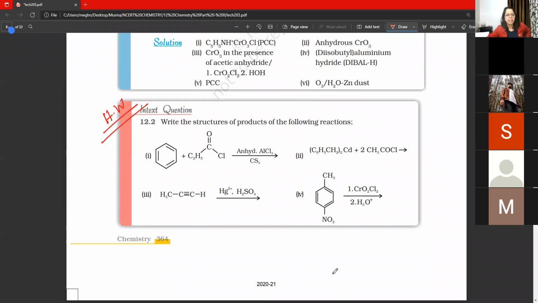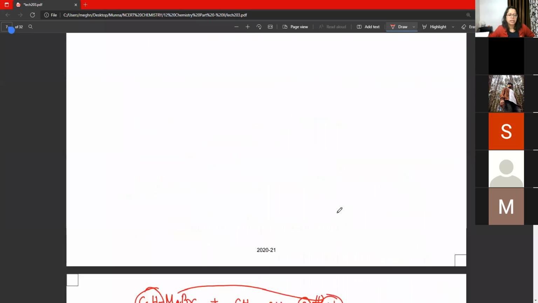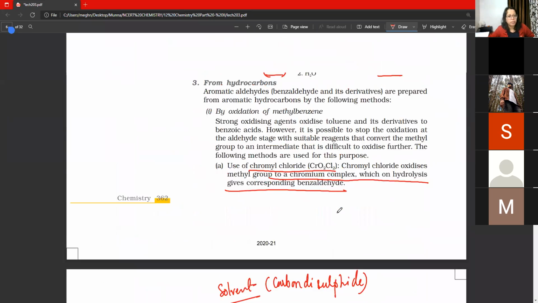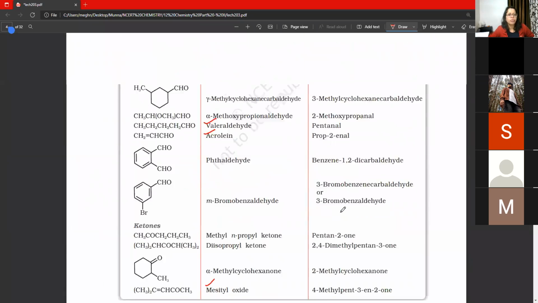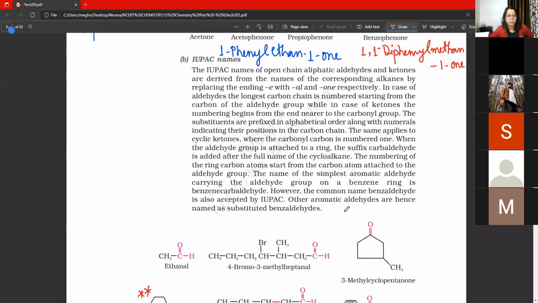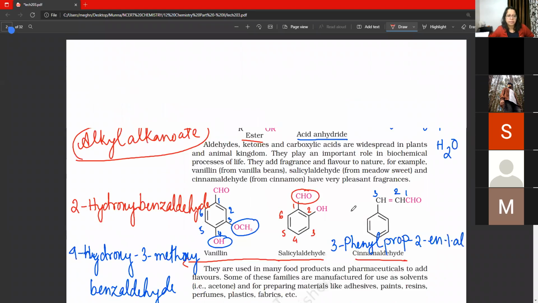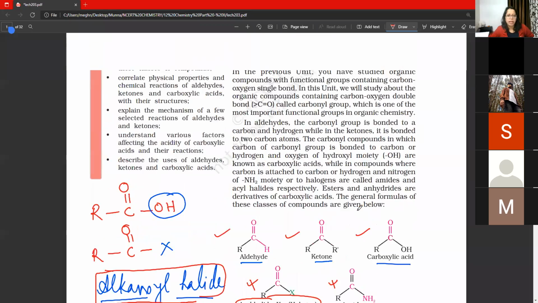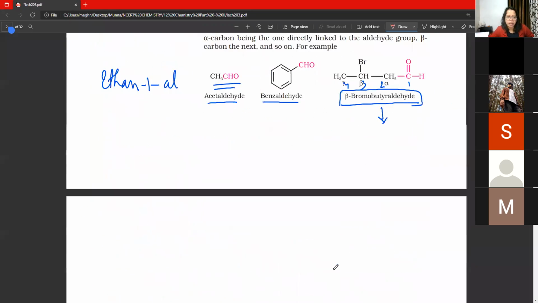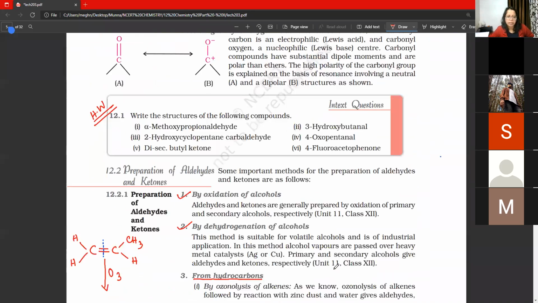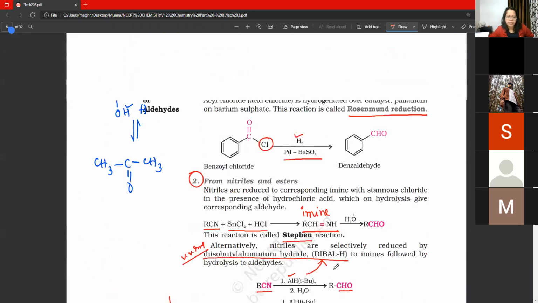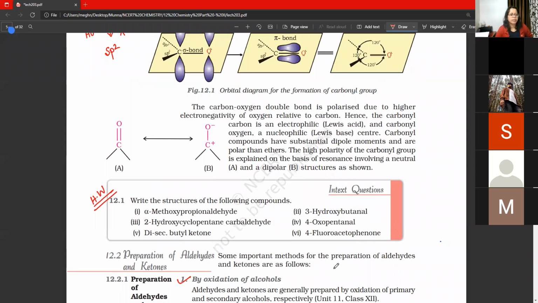Okay, in the text question, this one, you all do one thing. Please write down in your copy. And what you all are going to do, you are going to send it to me as I told you. I've given the IUPAC naming, another one. This one. Okay.